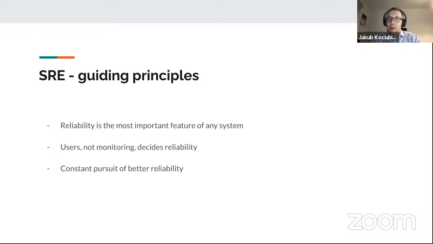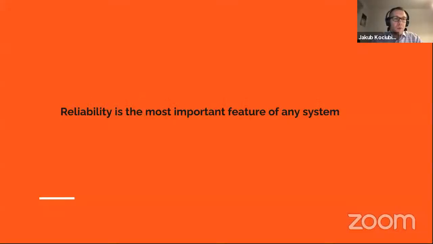It depends completely on the feeling of your users, of the reliability of your systems, rather. And so we also need to try to chase better reliability always, or try to go to the next level, if it makes sense for us.